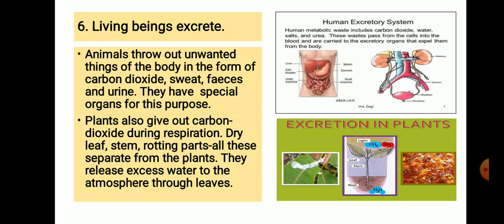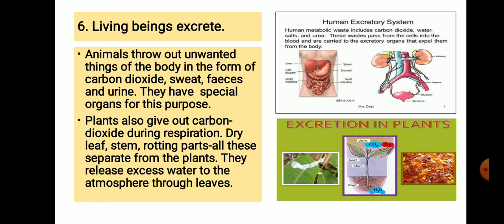Now, plants also excrete. How? Plants also give out carbon dioxide during respiration. Dry leaves, stems, and rotting parts all separate from the plants. They release excess water to the atmosphere through leaves. Plants also remove waste.